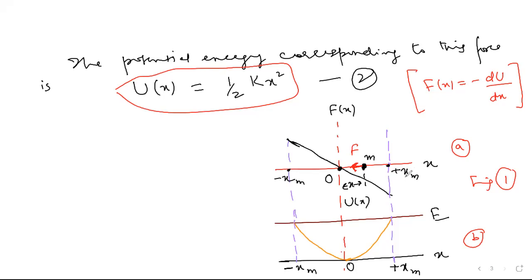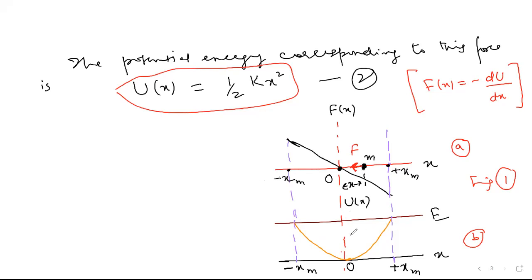This subscript m stands for simply maximum value of x. So plus xm is the maximum value of x attained by the oscillator on positive side of x-axis, and minus xm is the maximum value of the x coordinate attained on negative axis, right?